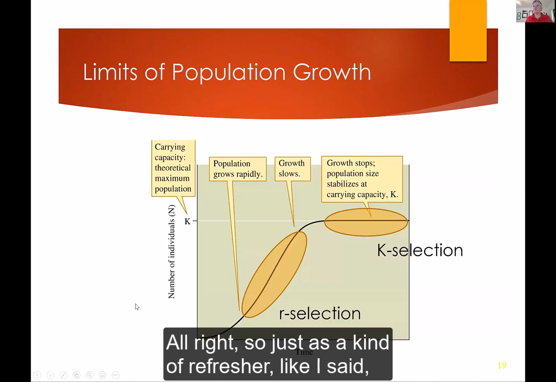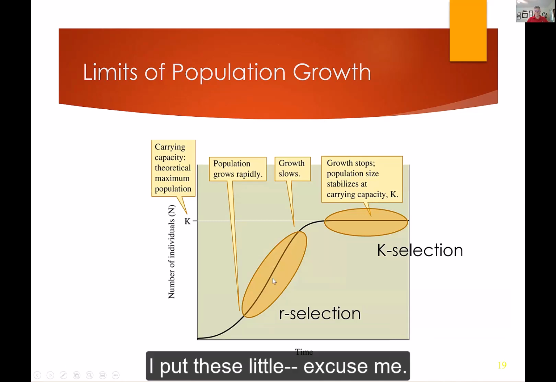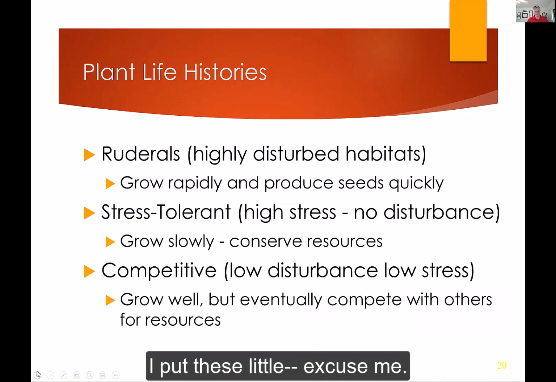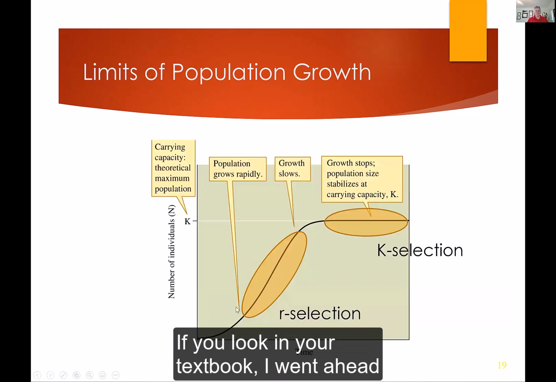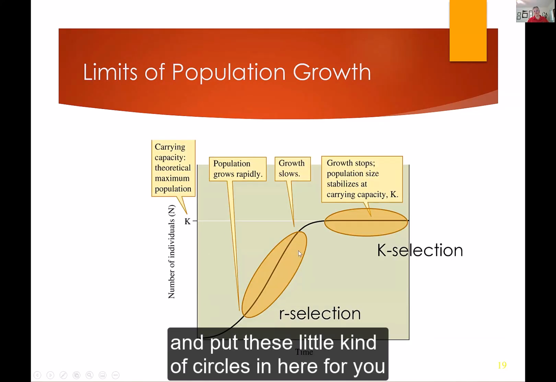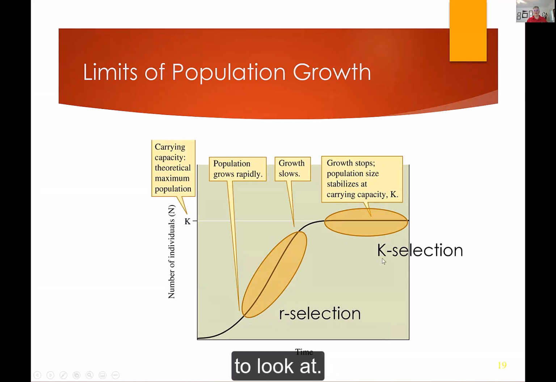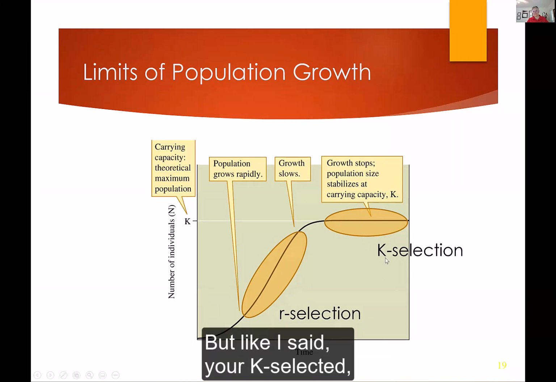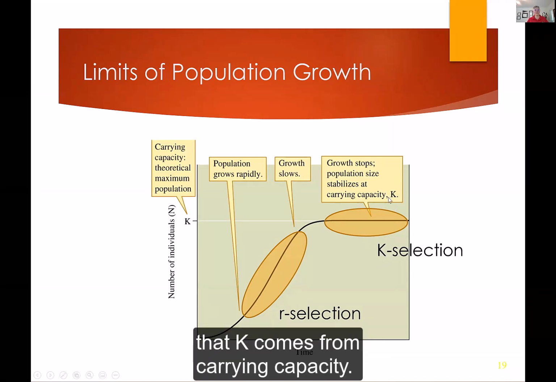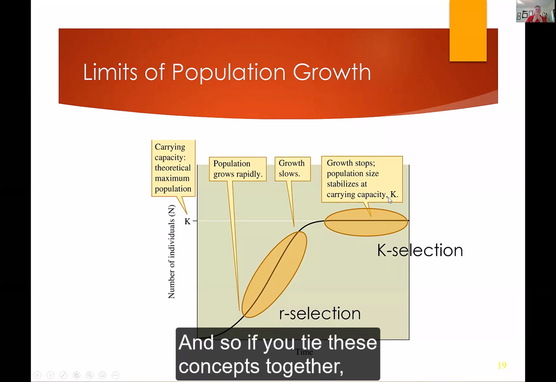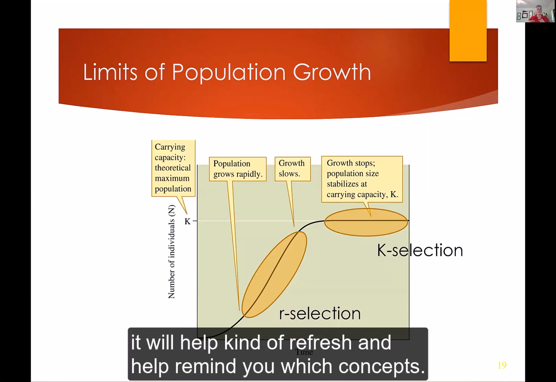All right, so just as a refresher, if you look in your textbook, I went ahead and put these little circles in here for you to look at. Like I said, your K selected, that K comes from carrying capacity. If you tie these concepts together, it'll help remind you which concepts go where.